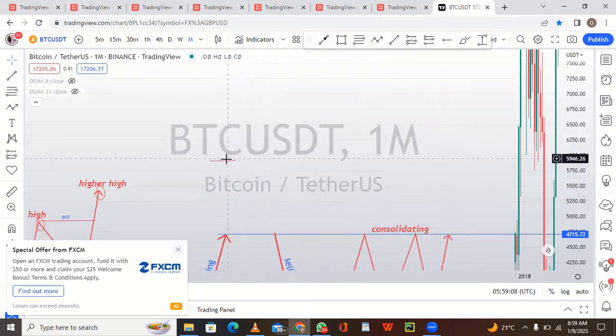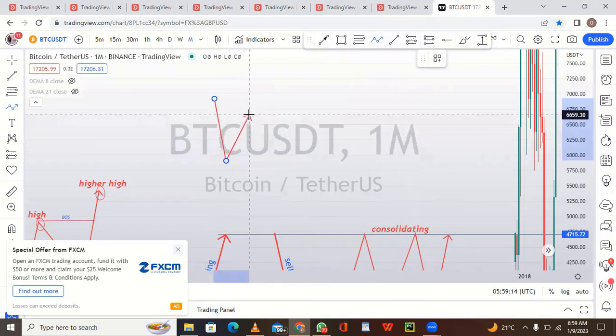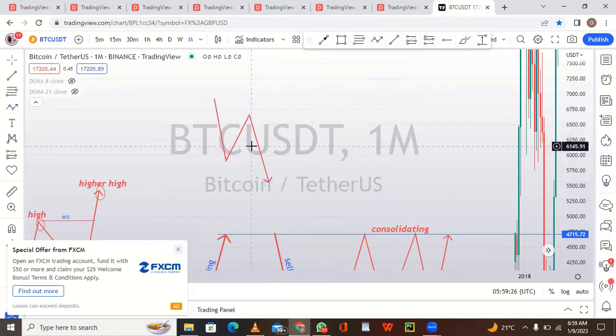This is how a bearish market looks like. You have a high. After that, you have a lower high, and then you have a lower low. Okay, so for you to identify a bearish market, there must be a high.